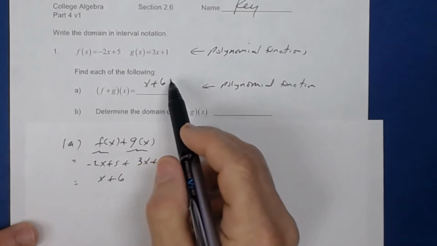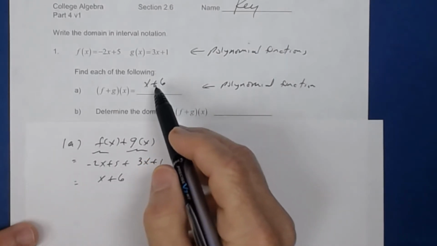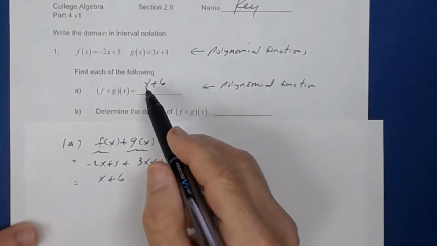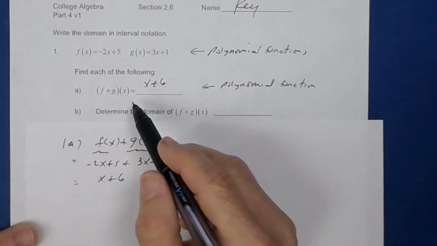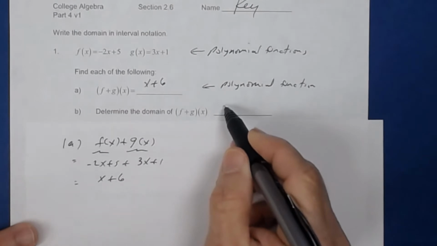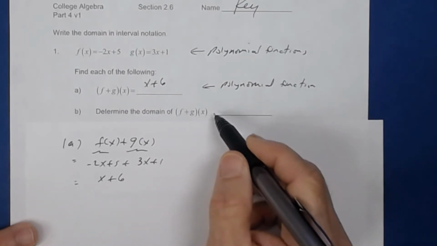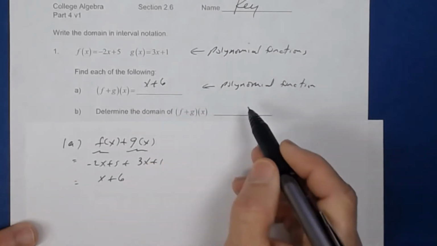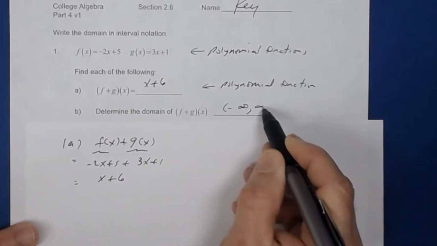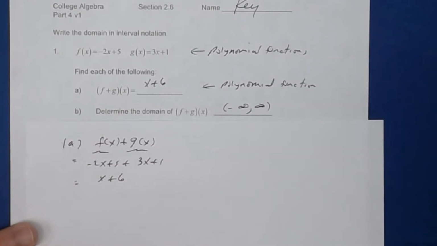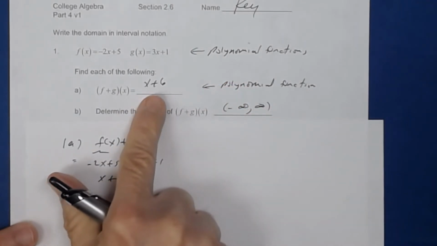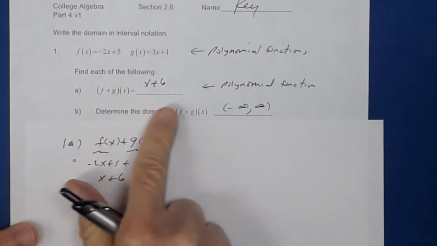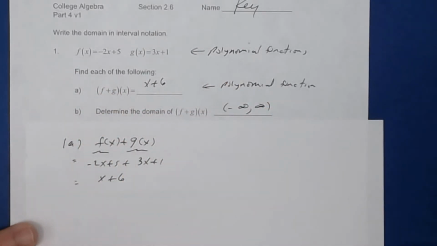In fact, this is linear, a line, and for all linear functions the domain is all real numbers. For every x value, you're going to get a y value. So you just use interval notation, that's it. You have to remember that this is linear, and even if you didn't, when you add two polynomial functions, you get a polynomial function, and the domain of all polynomial functions is all real numbers.